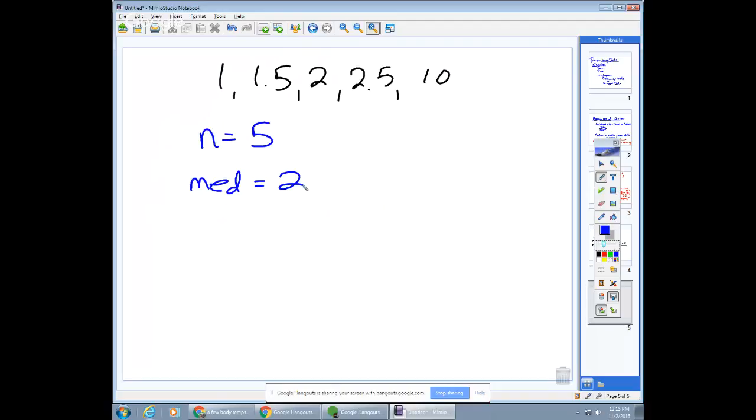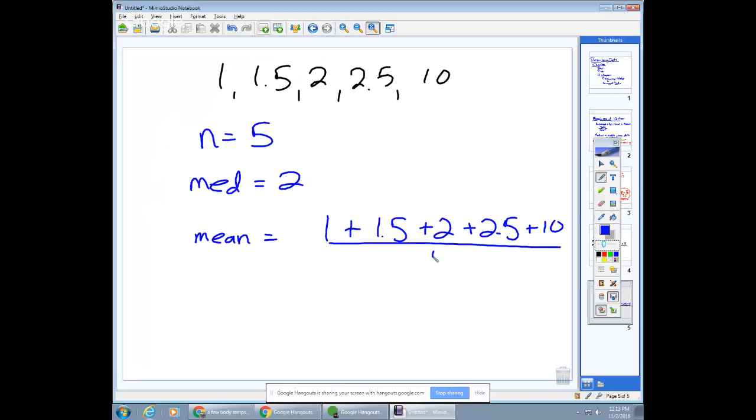However, is the mean going to change? Yeah, we just increased the sum substantially. So when we go to find the mean here, which is add those suckers up and divide by 5, what do we get? 10, 15, 16, 17, what is it? 3.4, okay.